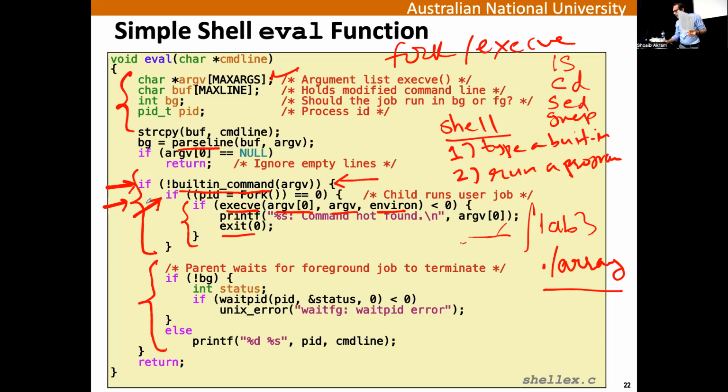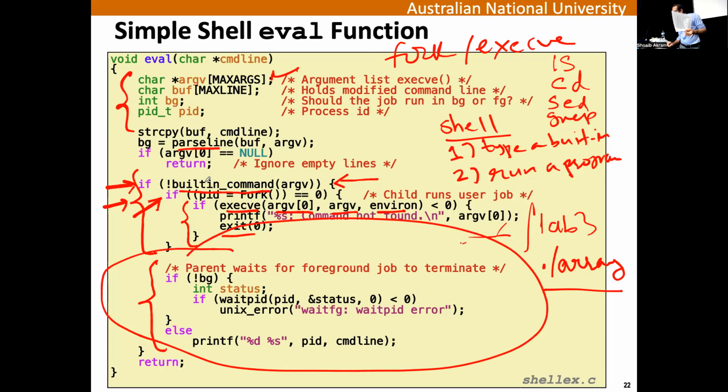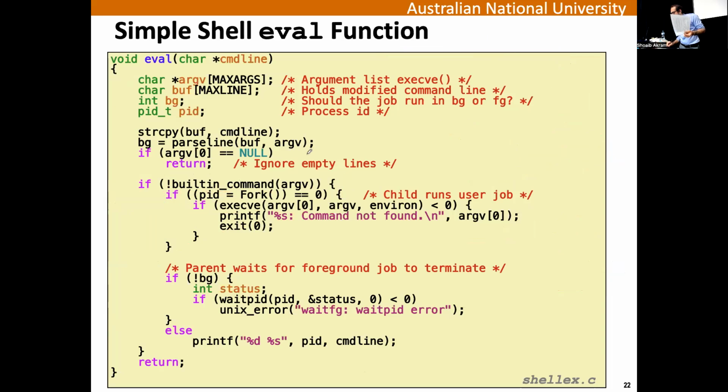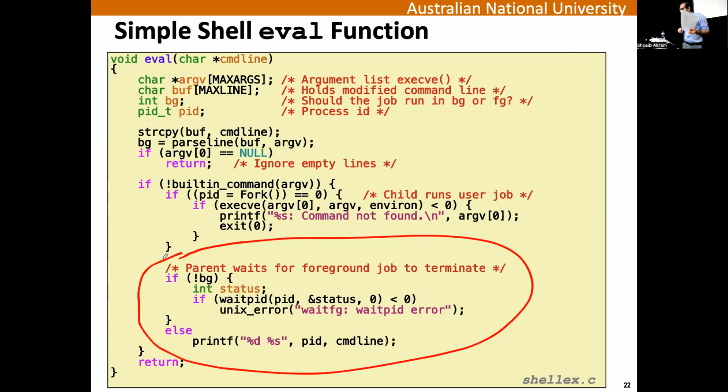Okay. Now, what is happening here? So this is the child, and it's done. What is the parent doing in this part? There is a variable background. Whenever you run a program in the shell and you type an ampersand, the program actually runs in the background, not the foreground.